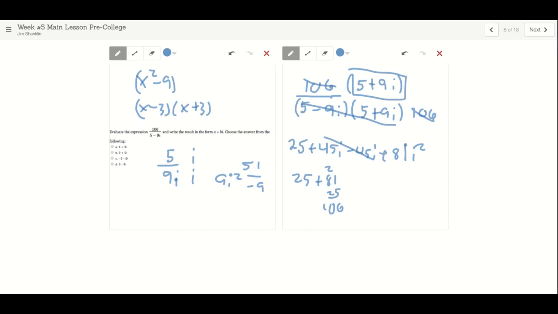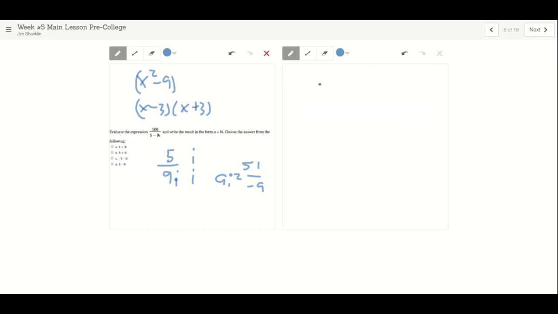Like if I gave you a problem like 5 over, let's say, 3 plus 4i. Well, then you would have to multiply top and bottom by 3 minus 4i, because when you multiply this together, you'd end up with 9 minus 16i squared, which is positive 16.